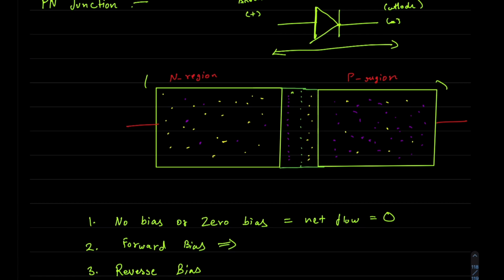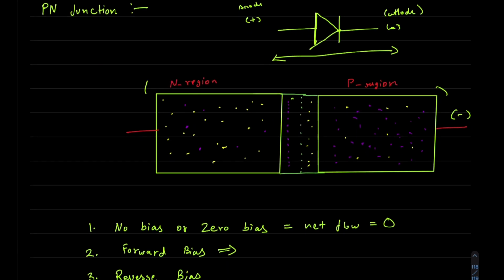This is because the negative voltage pushes. There is an excess of electrons in the battery, right?